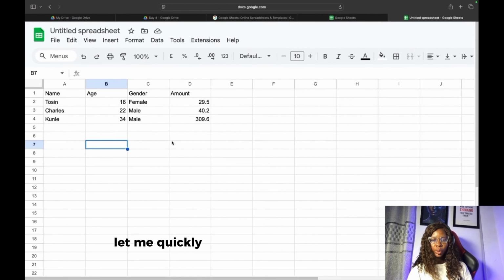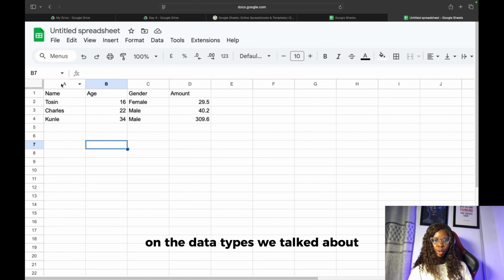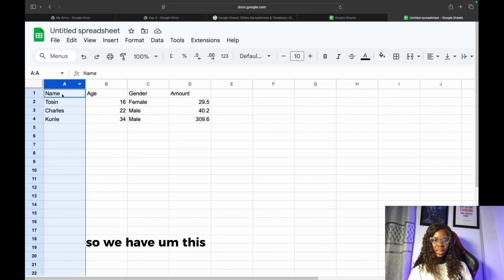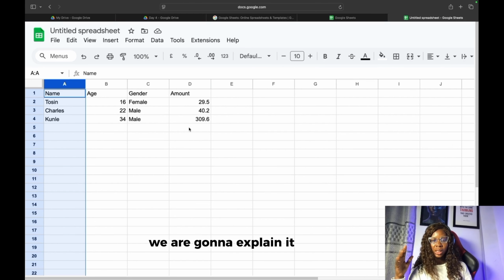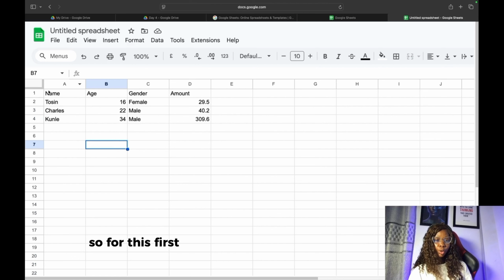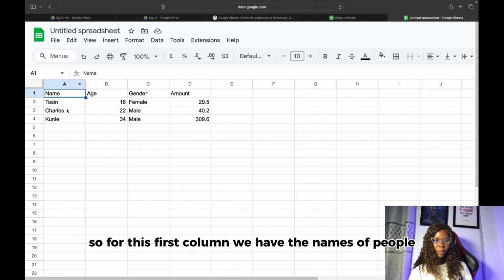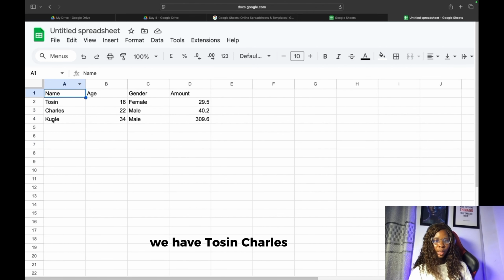All right, so let me quickly run you through this example on the data types we talked about. So we have column 1, column 2, column 3, column 4. Don't worry about that. We are going to explain it in detail when we start working with spreadsheets. For this first column, we have the names of people. We have Tosin, Charles, and Kunle. And we have their ages also.